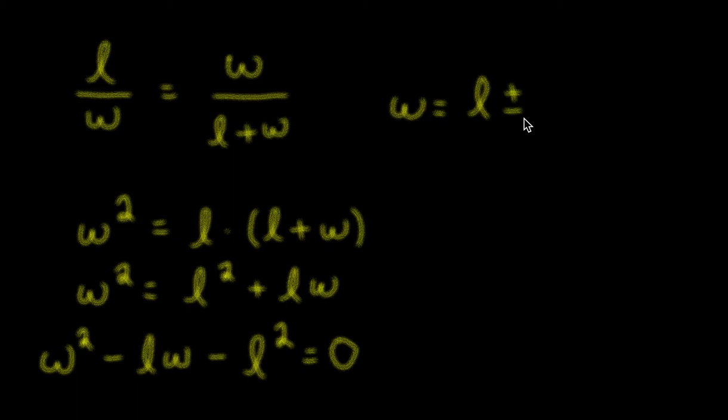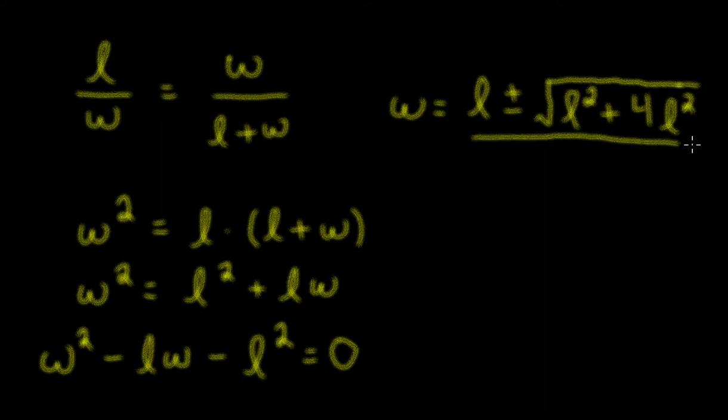Of course, for a ratio, we want to take the positive value. So then we have the square root of, okay, this coefficient squared, so that's the length squared, and then minus 4 times the product of these two coefficients, but one of them is negative, so we'll get a plus 4, and then we have another factor of length squared, and then all over twice the leading coefficient, which is just 1, so over 2.